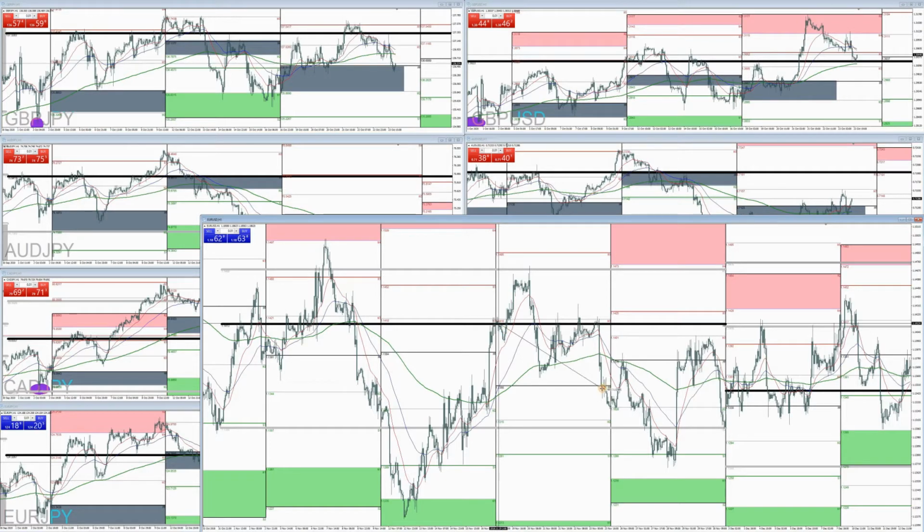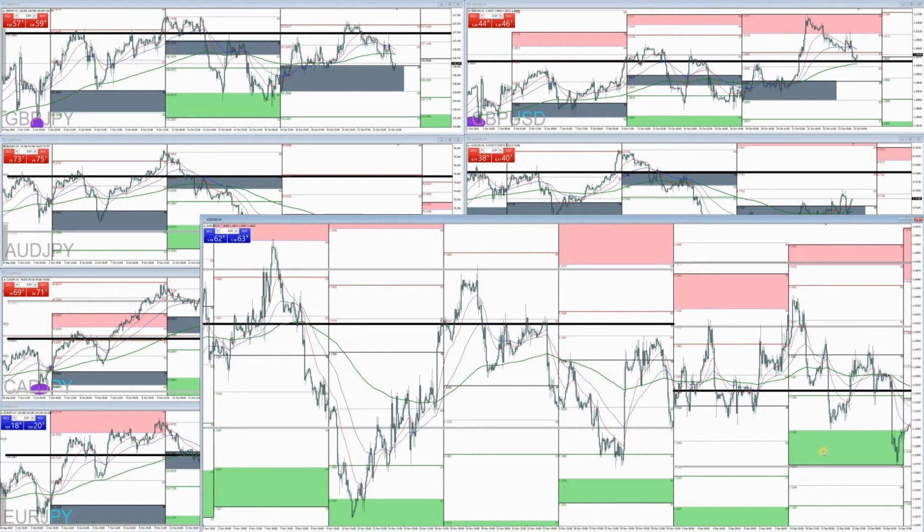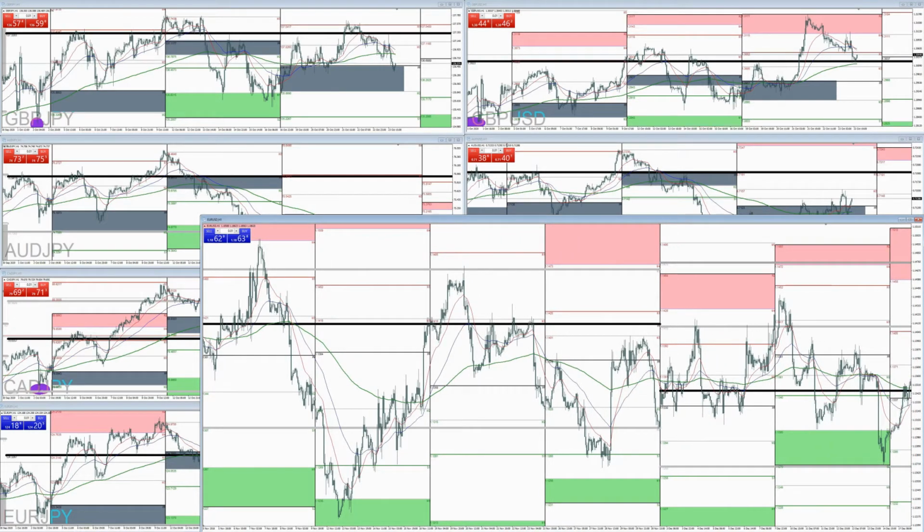Once we get below central pivot, maybe you can start moving your stop down. If we were to move our stop down just below the highest high, it would still be up here at minus 34 pips. We are looking for targets.